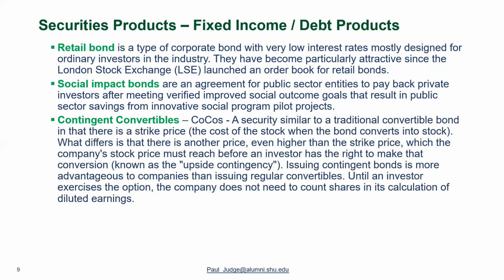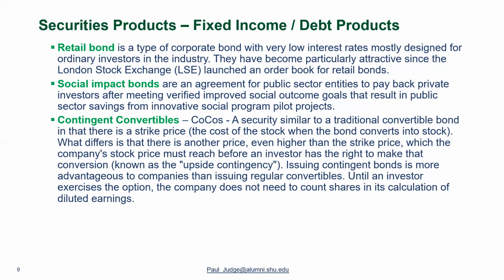So, for example, you might have convertible bonds where if the stock price goes up to X, the bonds or a portion of the bond will convert to shares of stock.